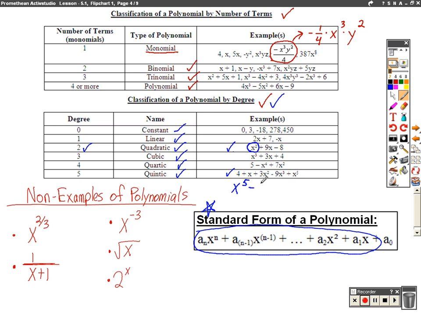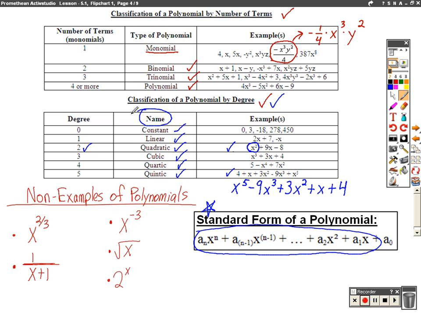Then I'd put my negative 9x cubed. Then my quadratic term, the plus 3x squared. And then my linear term, the plus x. And then my constant term, the plus 4. Notice how I use all of this vocabulary that we just talked about. This entire page is really just terminology I'll be utilizing throughout the rest of the year.